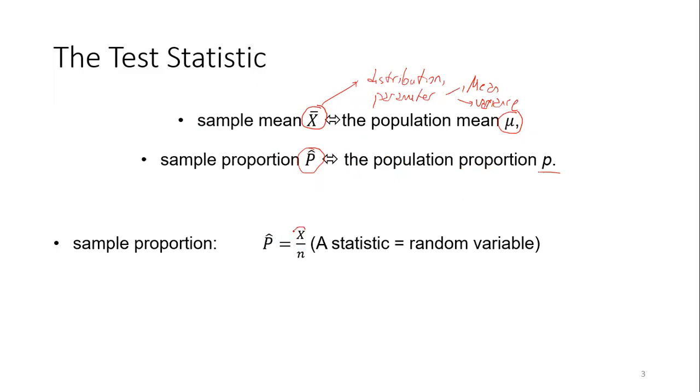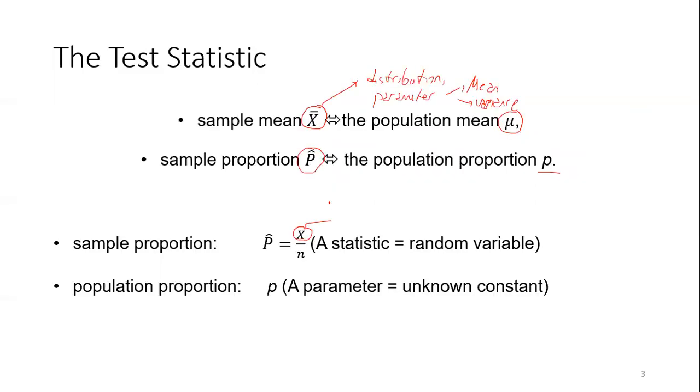So what is X? X is the number of people who like Cafe Nero, divided by the total number of students in a class. How can we calculate p hat in our class?